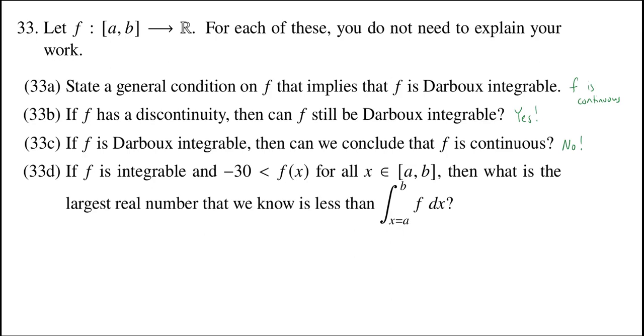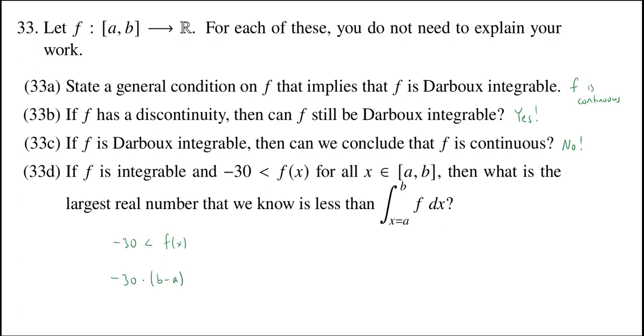Finally, if we know f is integrable, and f of x is greater than -30 for all points in the domain, then what is the largest real number that we know is less than the integral of f over ab? Well, if -30 is less than f of x, then what if I take -30 times b minus a?